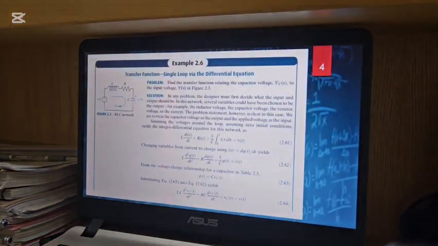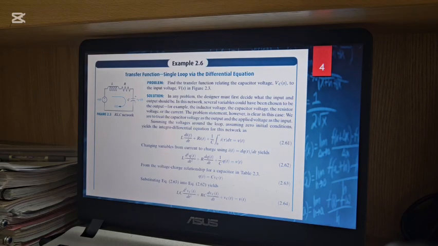So we will have the first example, transfer function single loop. The problem: find the transfer function relating the capacitor voltage VC(s) to the input voltage V(s) in the figure.